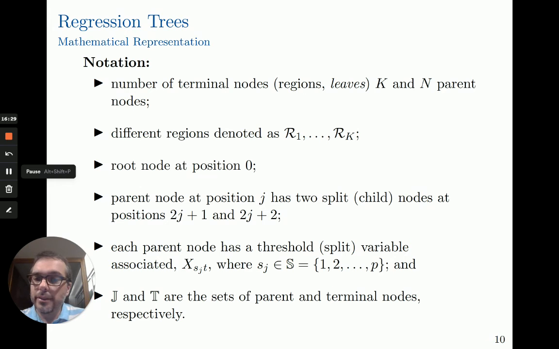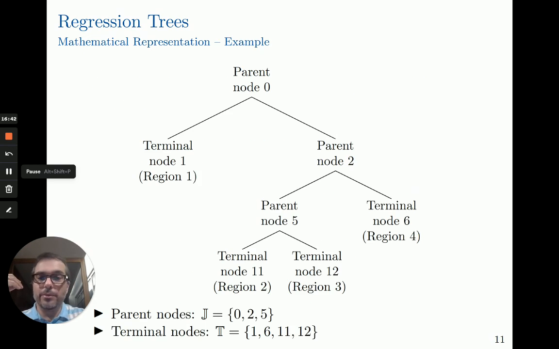And let's call J and T the sets of the parent and the terminal nodes. So the indexes that represent parent and terminal nodes. So here, another example. We have a tree with 4 different regions.